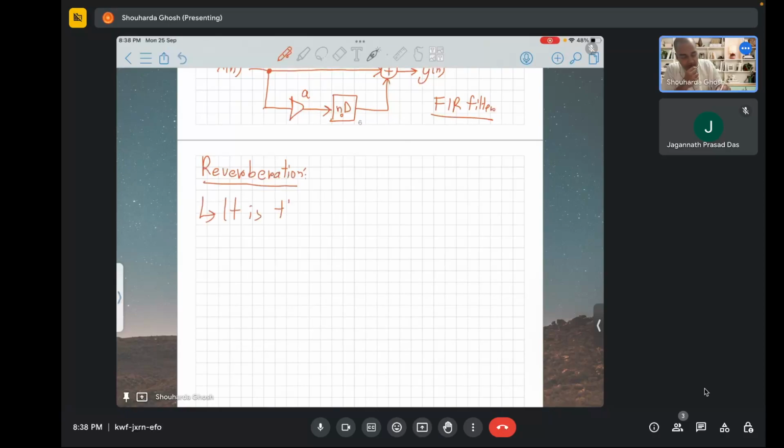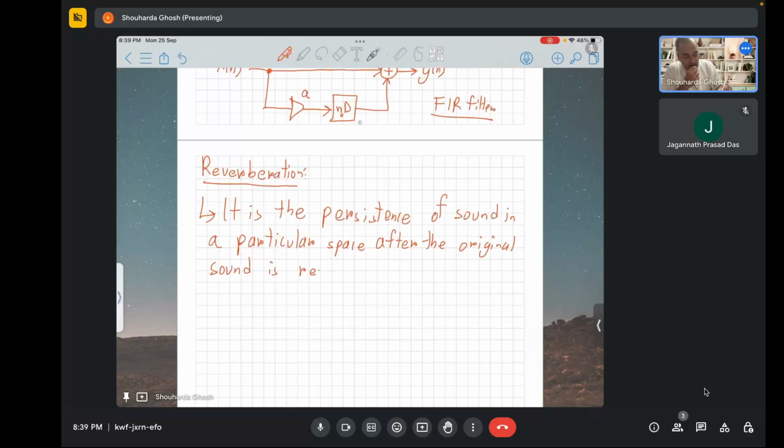It is the persistence of sound in a particular space after the original sound is removed.